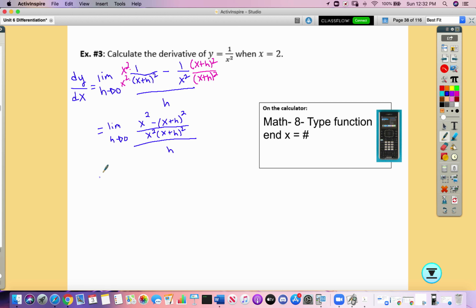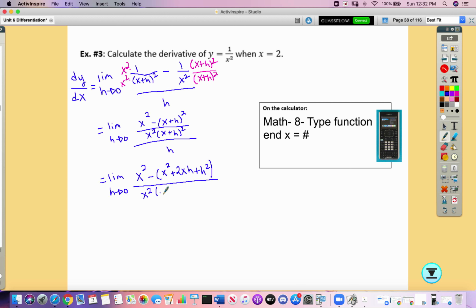Okay, so what I'm going to do now is expand out the x plus h that's squared. So we've got the limit as h approaches 0, and we've got x squared minus, now x plus h squared is x squared plus 2xh plus h squared. And here we have it again.